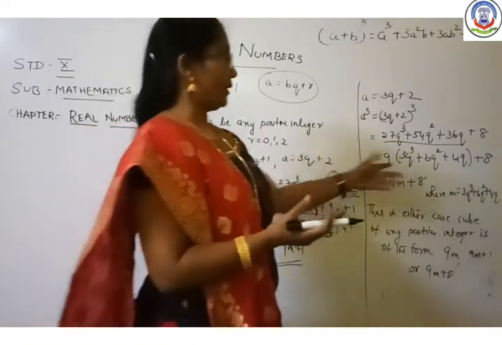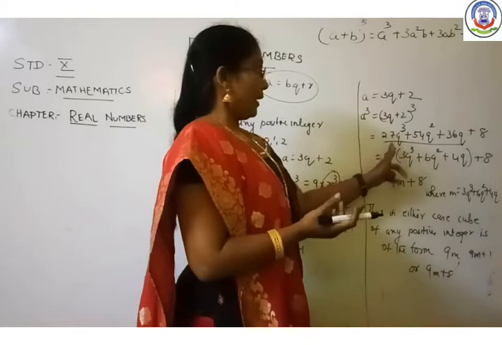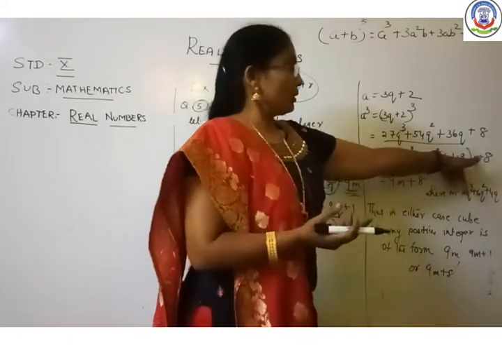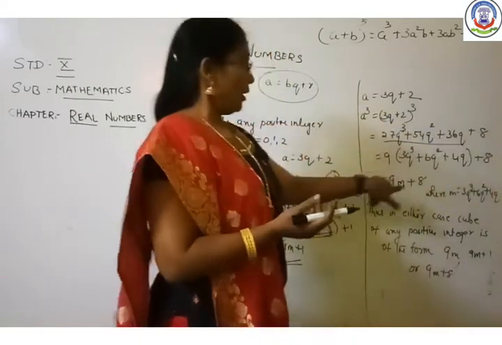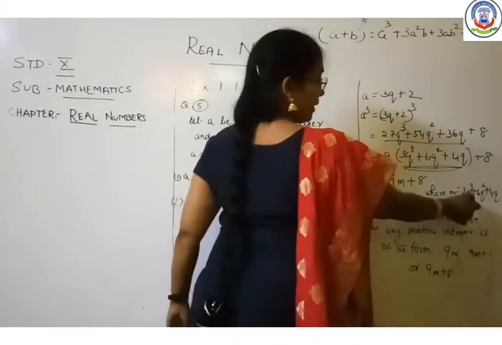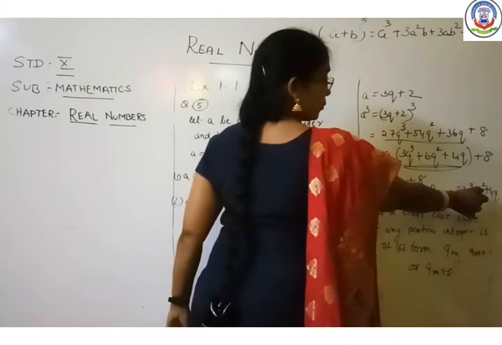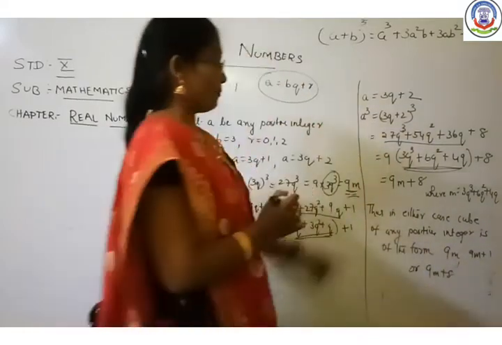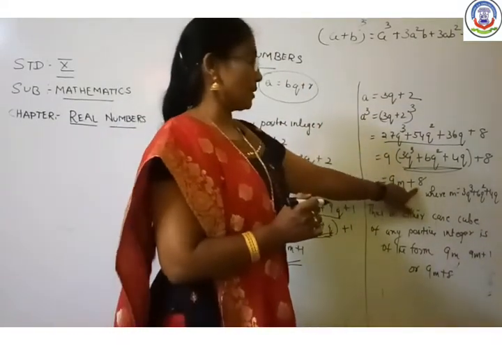That is why I have taken 9 outside: 3q cube plus 6q square plus 4q, and the last term 8 as it is. Now suppose m is equal to 3q cube plus 6q square plus 4q. So you will get 9m plus 8.